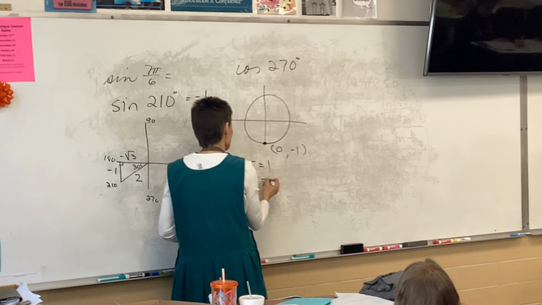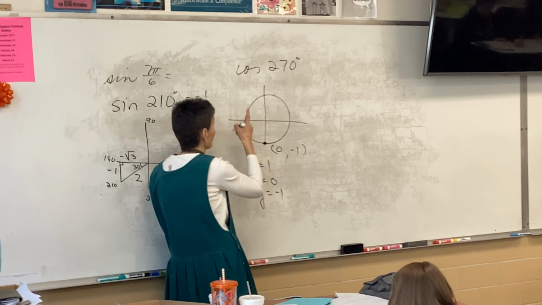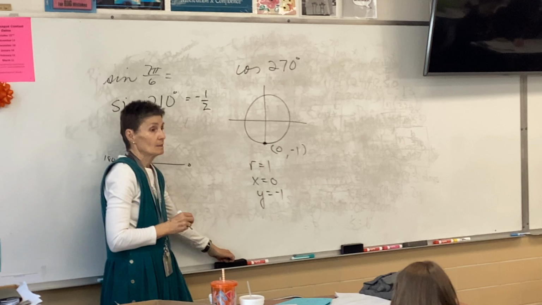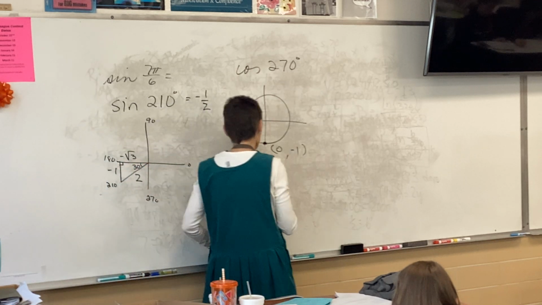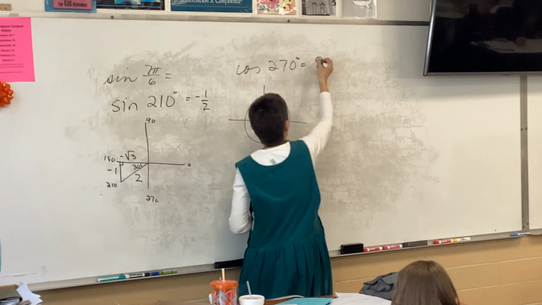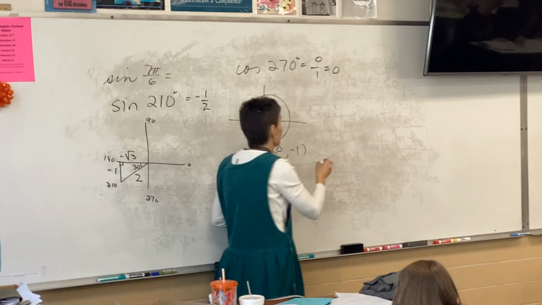So x is 0, y is -1, and I want cosine. What's cosine? X over R. X over R will be 0 over 1, which is 0.